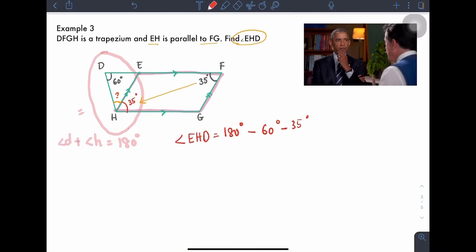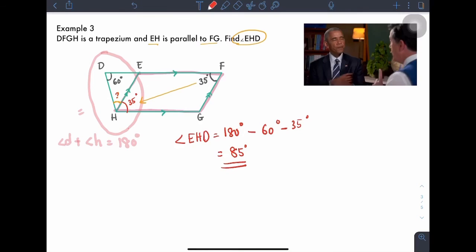So this is the step on how you should get angle EHD. When you minus, you will get the angle EHD equals 85 degrees.